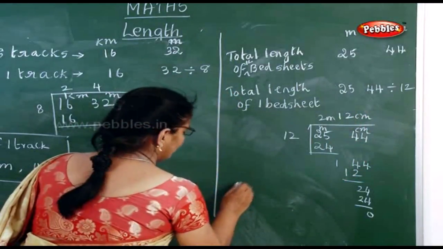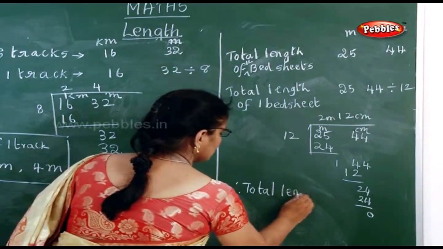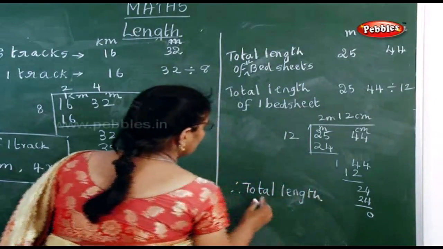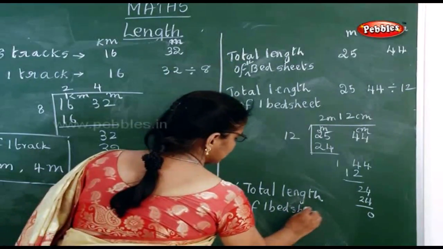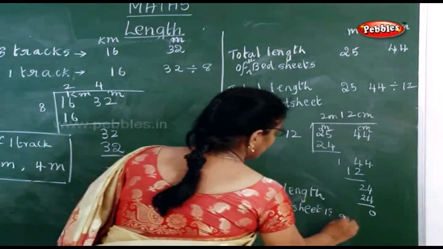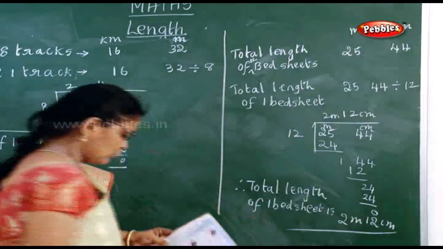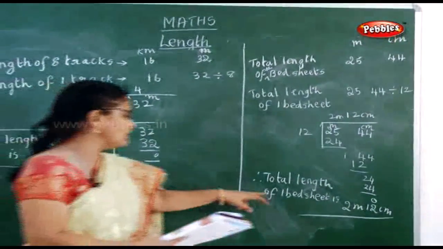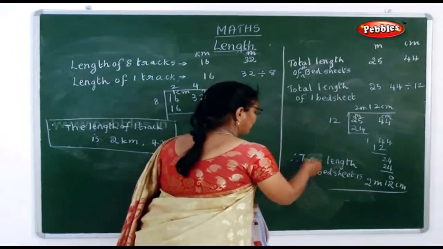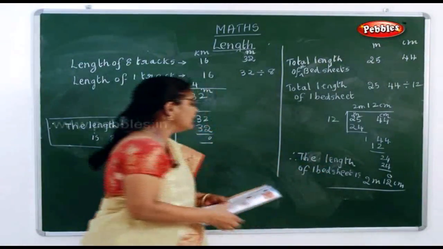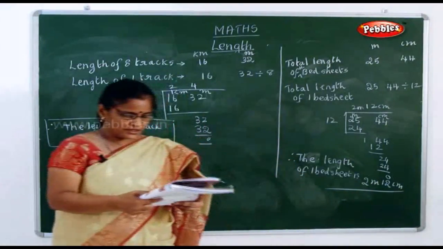Therefore, the length of one bedsheet is 2 meter and 12 centimeter. We are not asked for total.